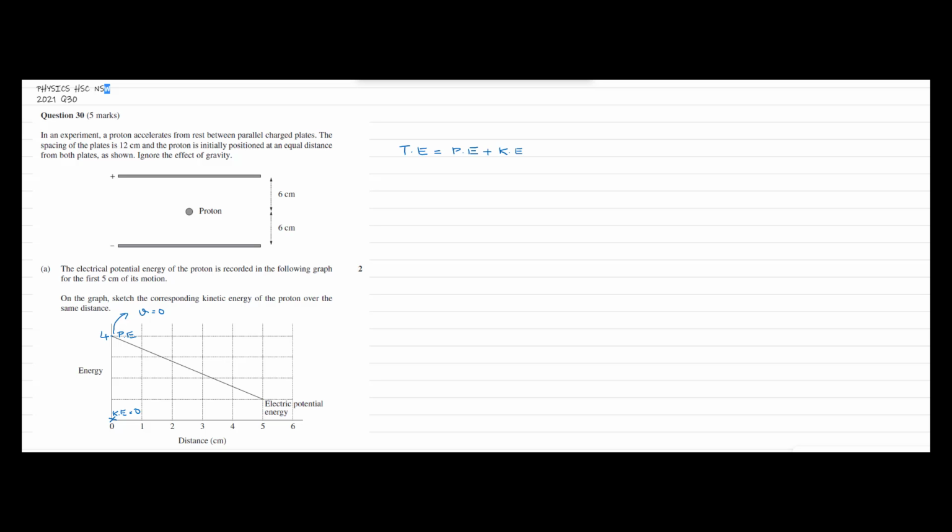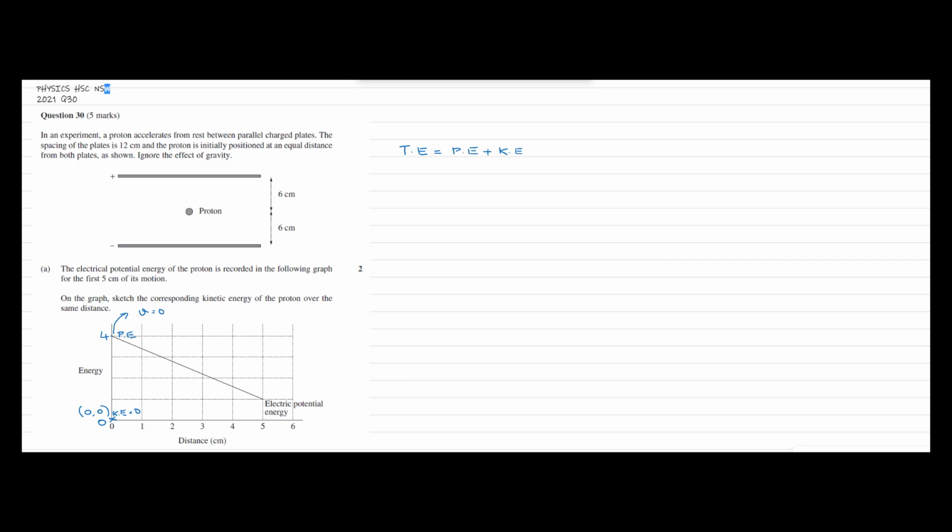So the total is 0 plus 4 units of total energy. So we have got one coordinate over here at origin O. This coordinate is at 0 position, the kinetic energy is 0.